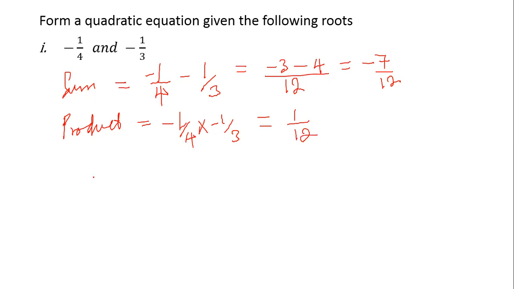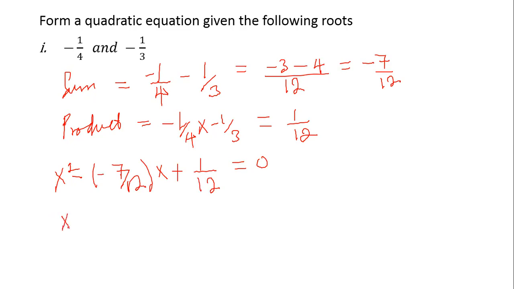So we substitute in the formula. So x squared minus sum, which is -7/12, times x plus product, which is 1/12, is equal to 0. So negative times negative gives us positive.